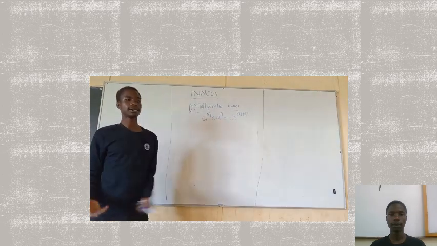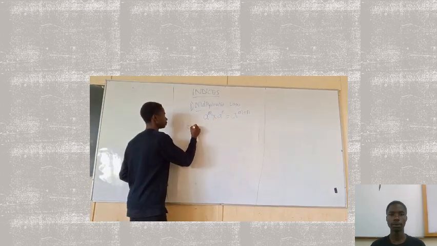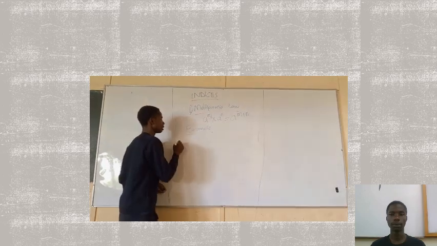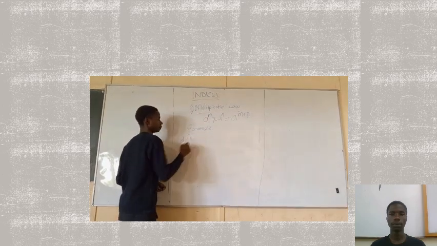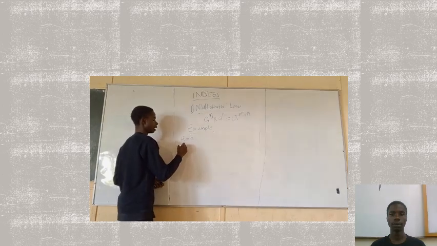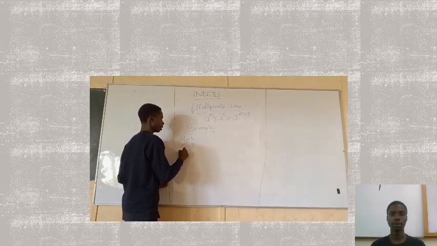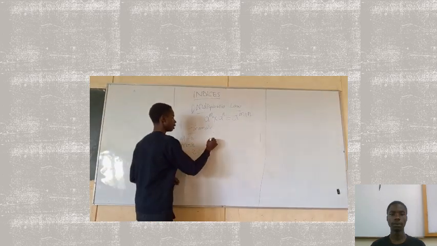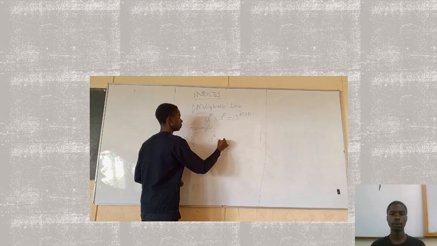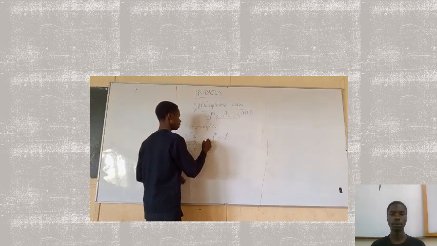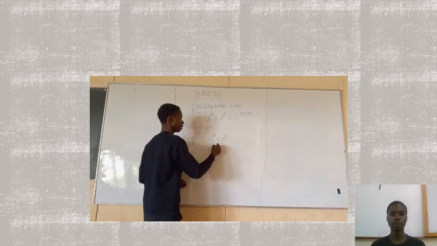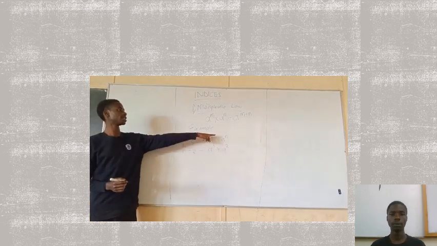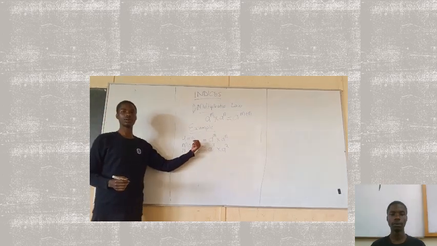Let's do a simple example. For example, a is 4, m is equal to 3, n is equal to 2. Using this expression, a^m multiplied by a^n is a^3 multiplied by a^2. As you see, we have replaced m and n with these values that we have here.